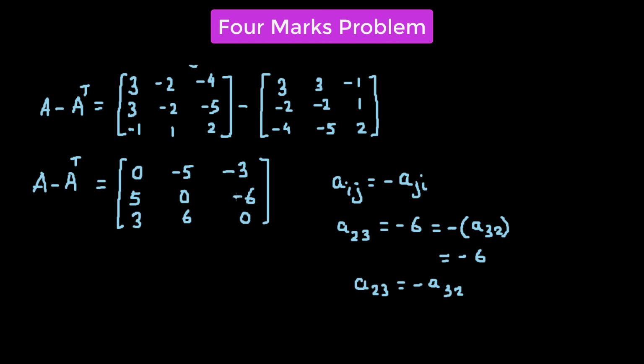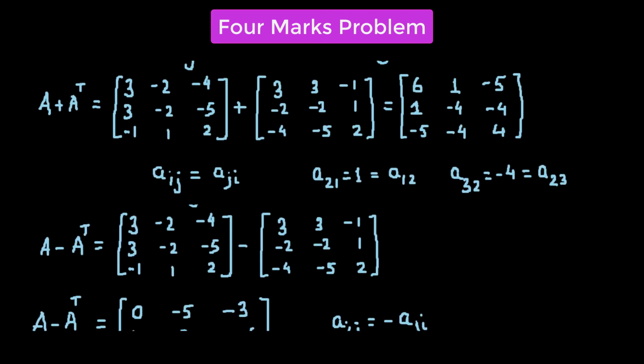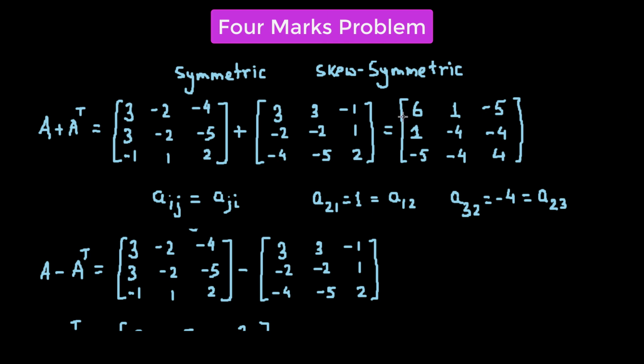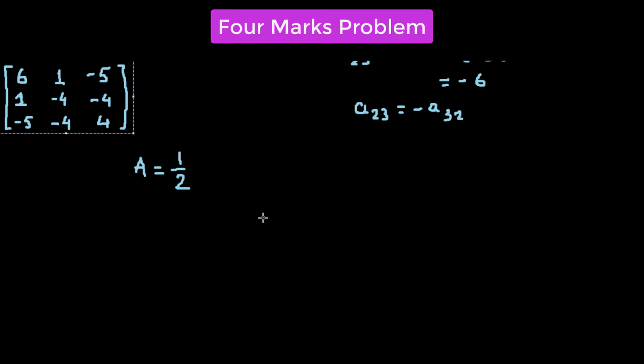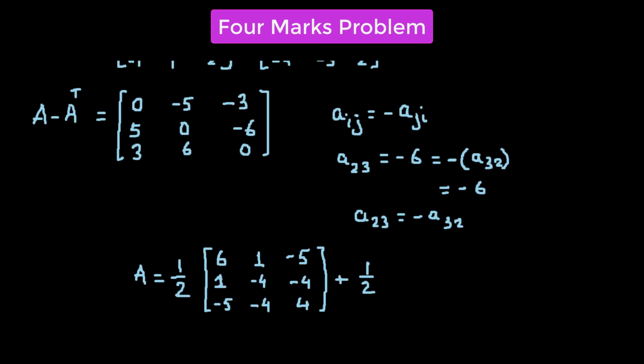Now that we have both the symmetric and the skew-symmetric part, we're ready to express the matrix A as the sum of the symmetric part. So our symmetric part is, let's pick this up and place it here, plus half of the other half, which will be the skew-symmetric part that we calculated just now, and let's place it here as well.